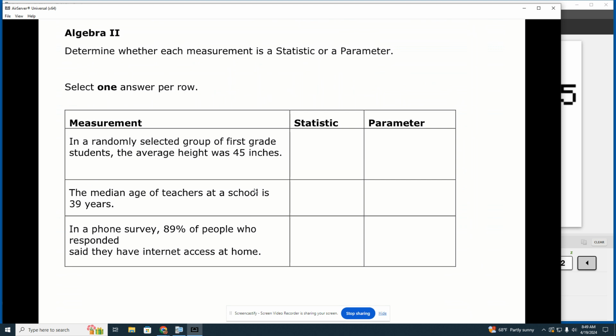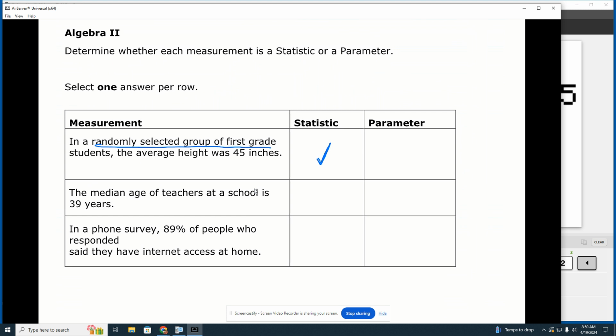Because they tell me it's a randomly selected group, that makes it a statistic, because you're not getting the average height of every first grade student. You're just randomly selecting a group of them. So I don't think that's it. That's a statistic for sure because it's a sample.